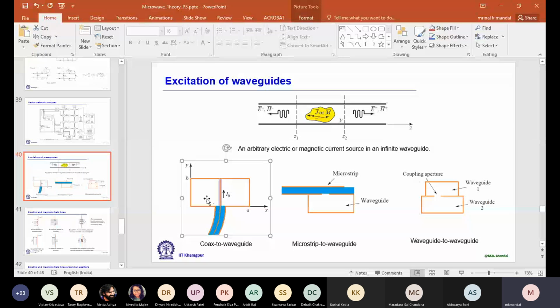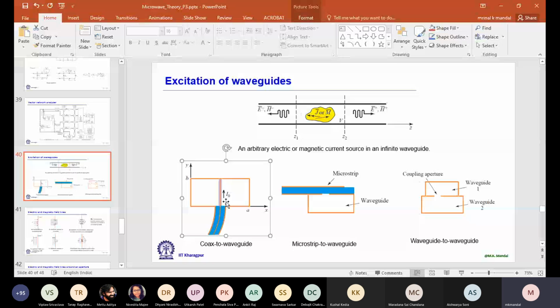Inside we want to excite the TE10 mode, and inside the coaxial cable we have the TEM mode. So these two modes are different, and the inner conductor extends deep inside the waveguide. The other end is shorted or soldered to the top broad wall.